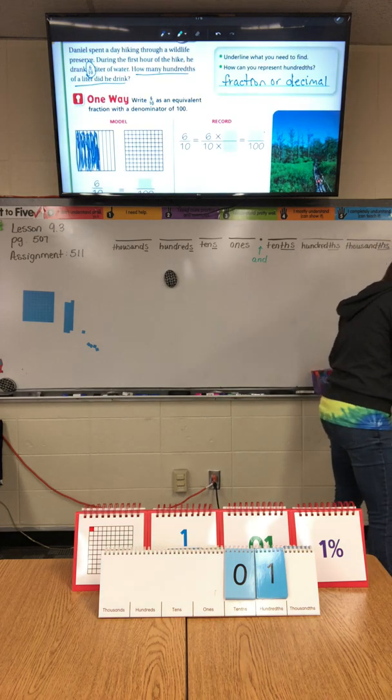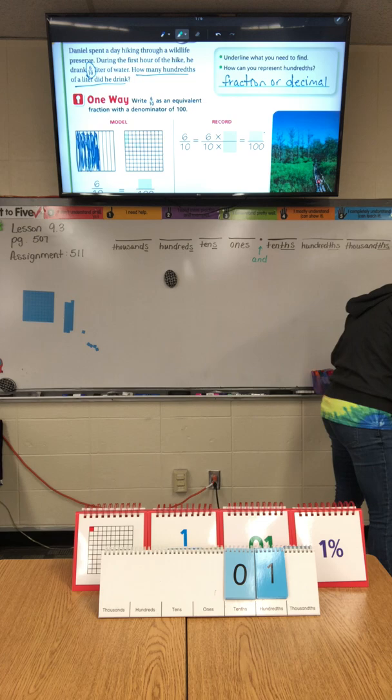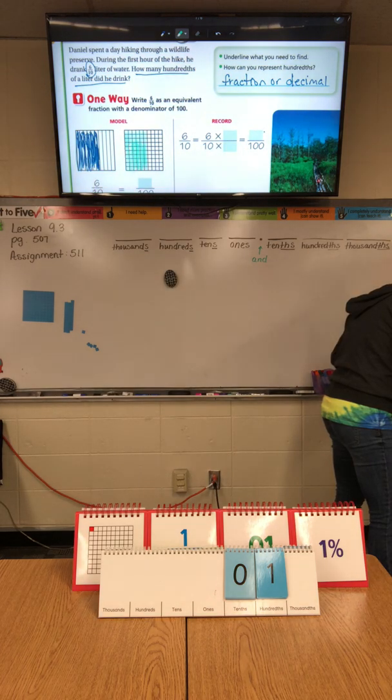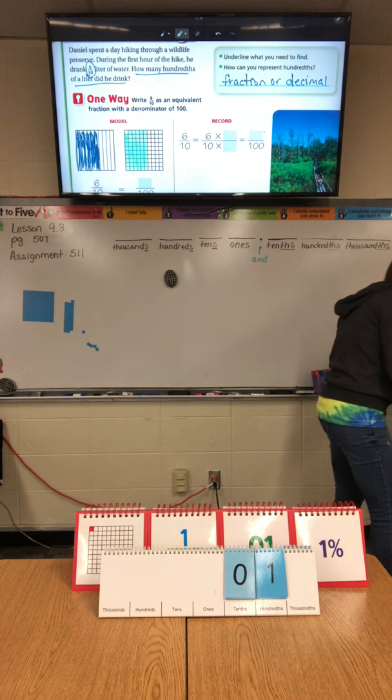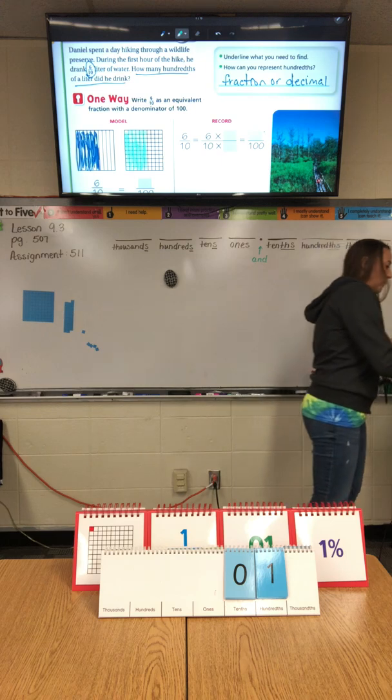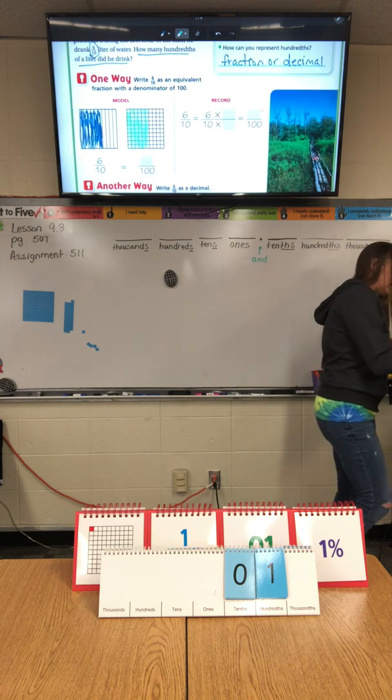Now we're going to shade the same amount over here. Now it's going to work. So when we shade the same amount on this model that is broken up into hundredths, how many of those did we shade? Well, let's figure that out.